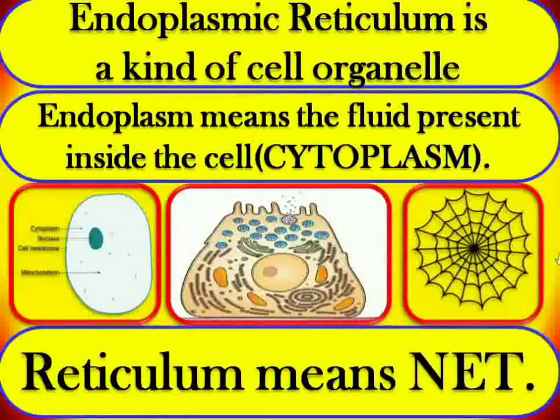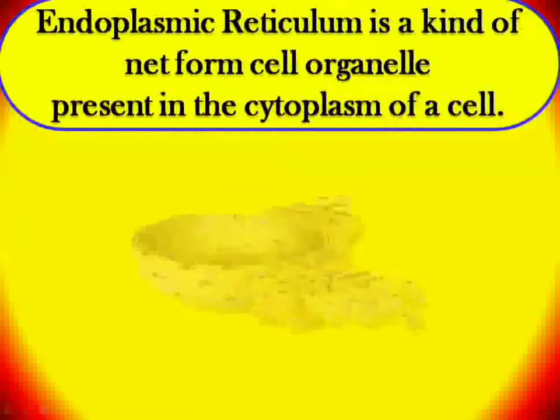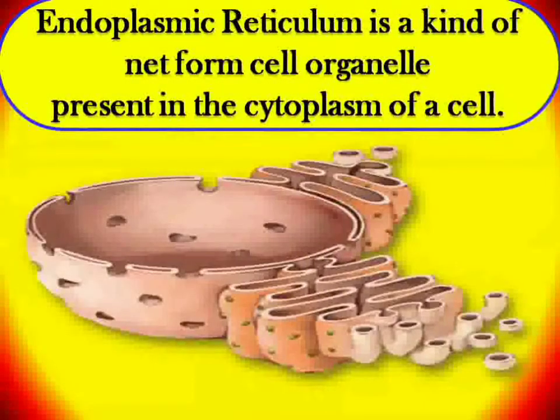So endoplasmic reticulum means a kind of net form or web form cell organelle present in the cytoplasm of a cell. So I think you all understand what is meant by endoplasmic reticulum.